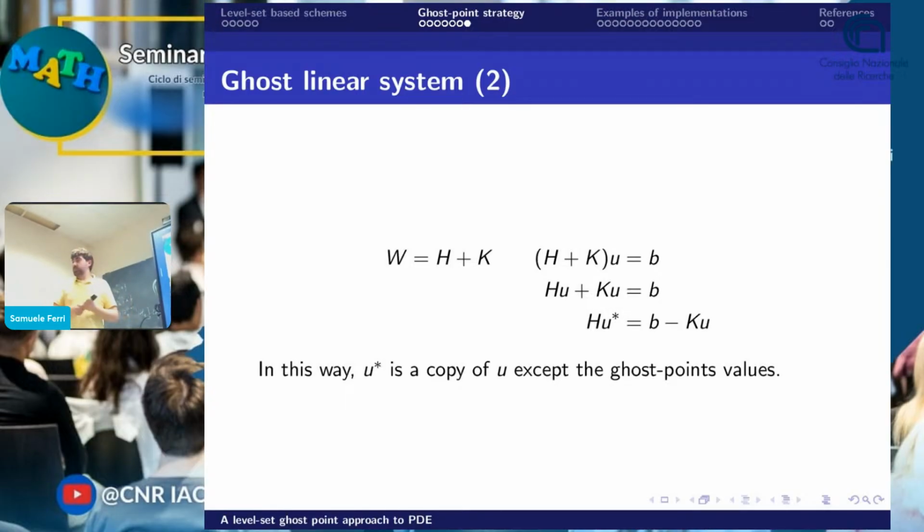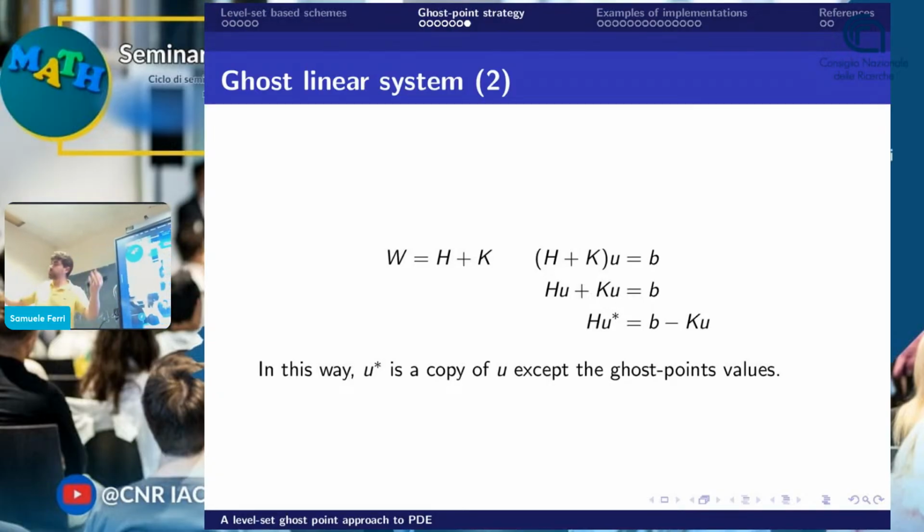And what we actually want is to use this U star, because we use U star in the discretization, and we multiply our scheme, our matrix, with these values. We store in the ghost points the values of the approximated solution at the boundary points.